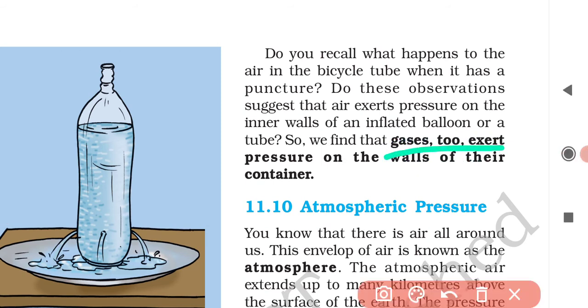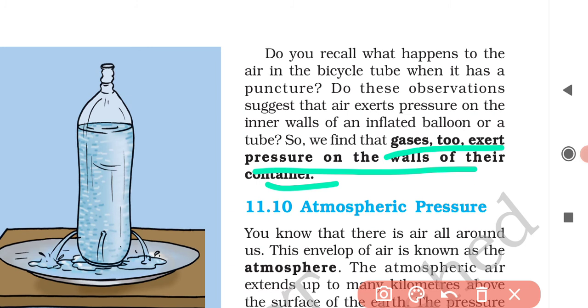So this is the conclusion we can draw from the pressure exerted by gases: when air is filled into a balloon with our mouth, then the balloon gets inflated and gets bigger in size.